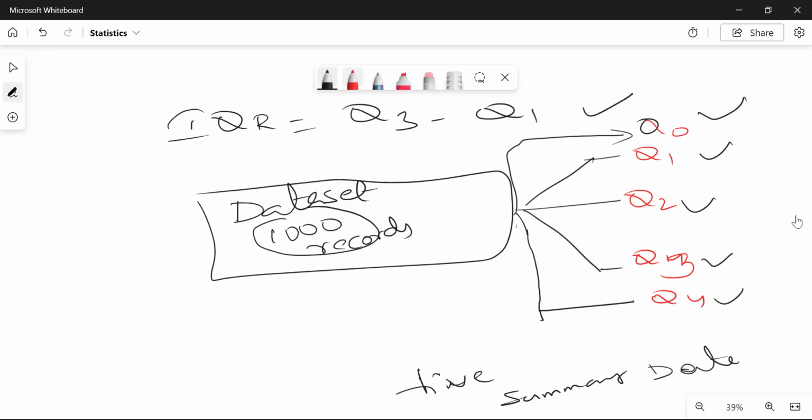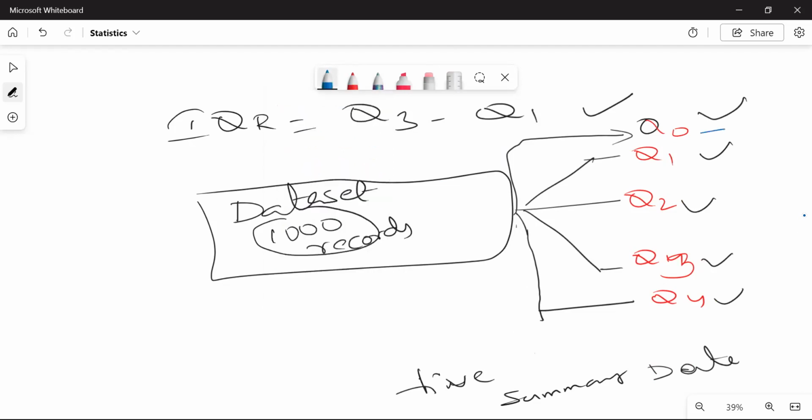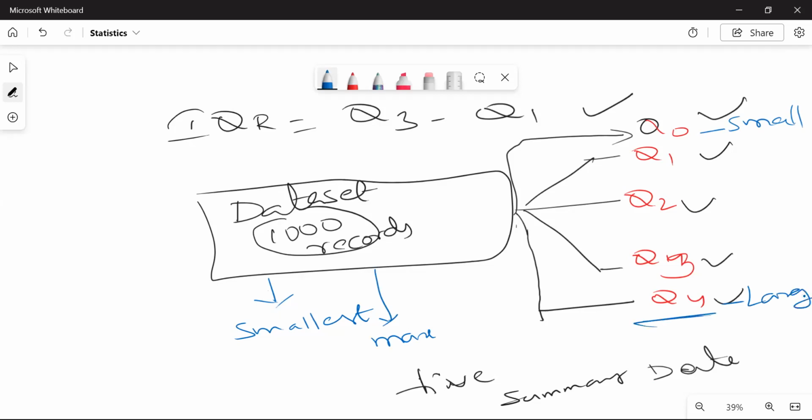Now you're thinking, what is Q0? What is Q1, Q2, Q3? It's a very simple thing. Q0 means the smallest element from this particular data. The smallest element we call Q0. And from this data, the maximum, largest element we call Q4. What is Q2? Q2 means the median value, the 50 percentile of the data.